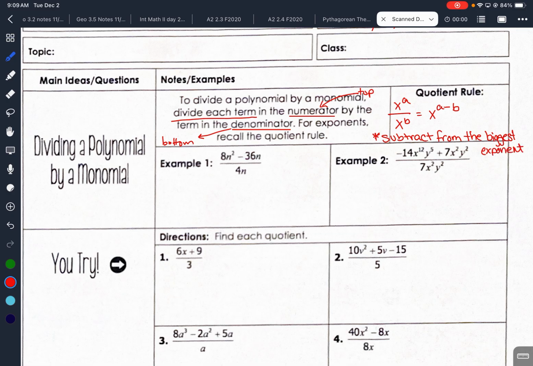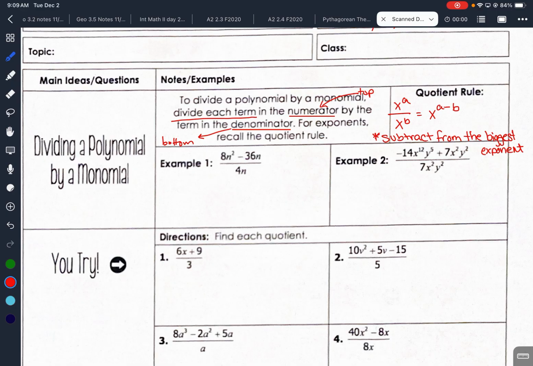So in other words, if the bigger exponent is in the numerator, you go up to the numerator and subtract. But if it's in the denominator, you go into the denominator, and it stays there. Does that make sense? So subtract from the biggest exponent. We don't want negative exponents when we're done. We never want negative exponents.